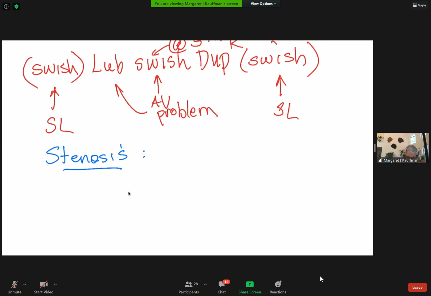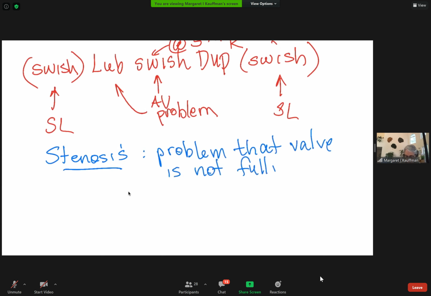So this is a problem with not being fully open when it should be. It's narrowed. Because it's narrowed, it's going to make a high-pitched sound, and that's what we're going to call screech. A very high-pitched sound.